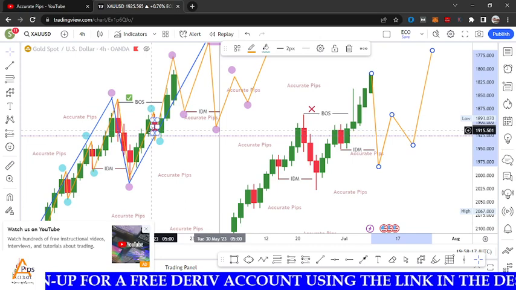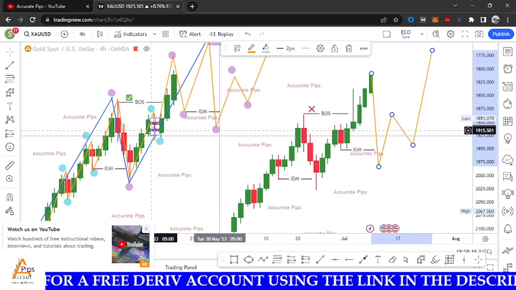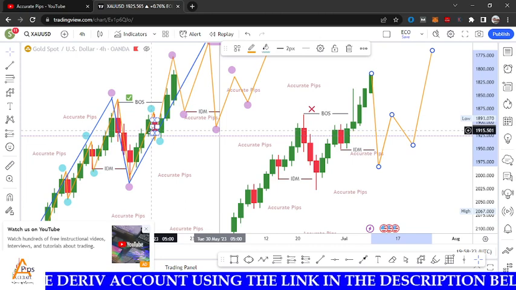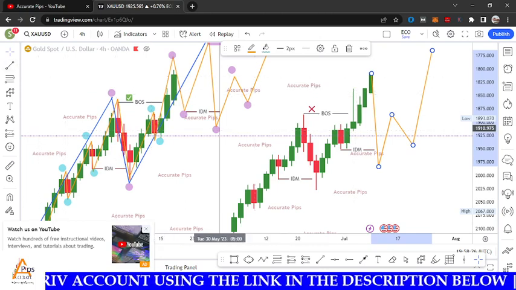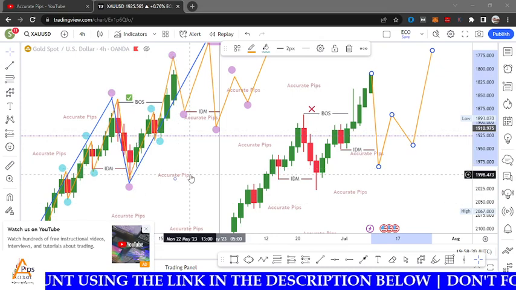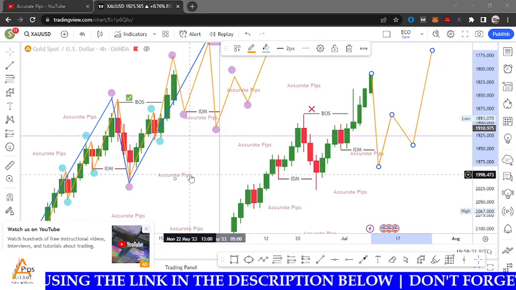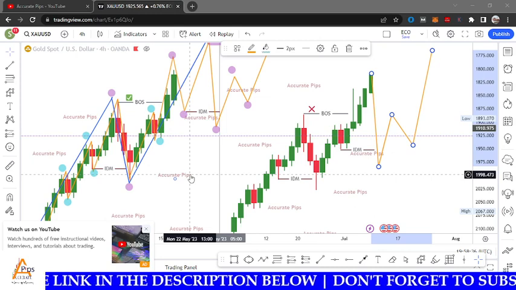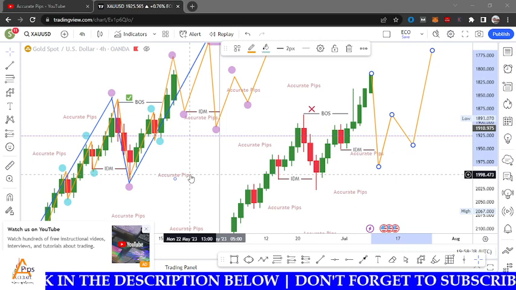Now, to confirm any correction in structure, the market must take out at least the previous low. The market must take out at least the previous low in order to confirm any structural correction.